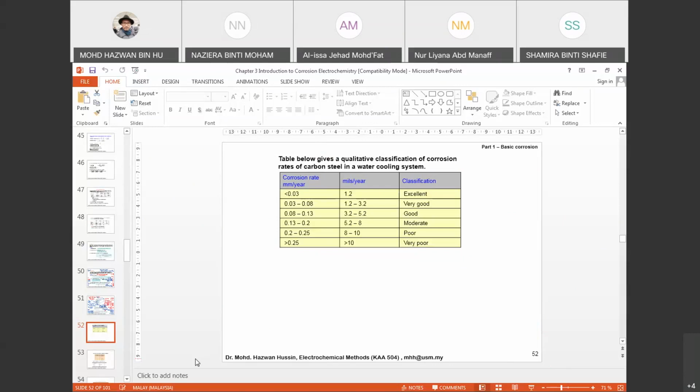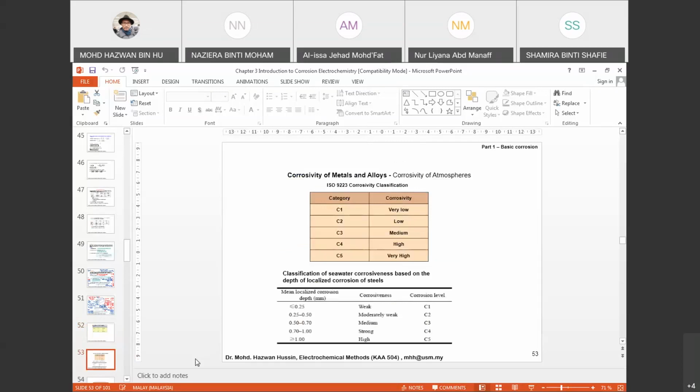Then the material will be classified as excellent. It doesn't have any degradation or corrosion attack. But if it is greater than 0.25, then this indicates the carbon steel will experience a very poor condition. It experiences severe corrosion and whatnot.